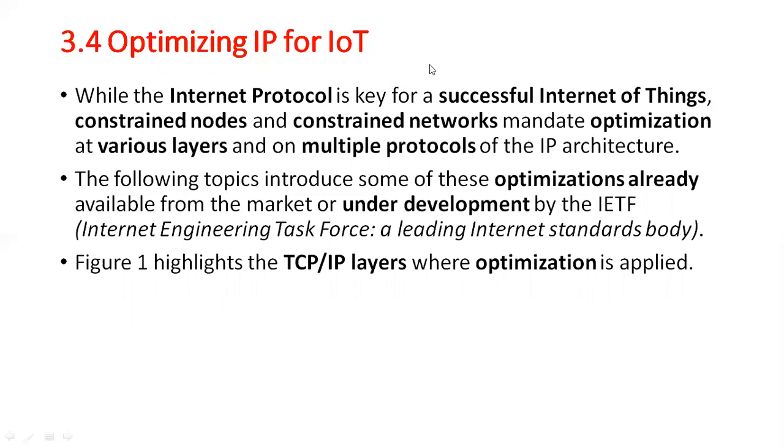Earlier we used IP for computer networks, but here we are mainly using IP for IoT, the Internet of Things, whatever we call in our day-to-day life as IoT. The main reason for the success of IoT is this Internet Protocol. It is one of the major reasons for the success of IoT, because IP is supporting IoT in many different ways.